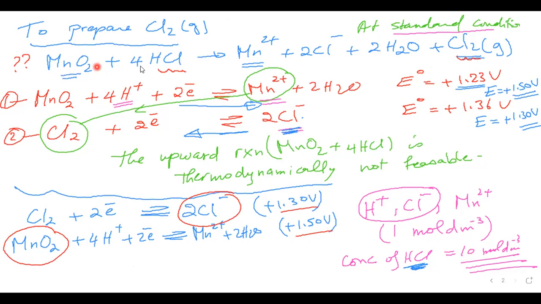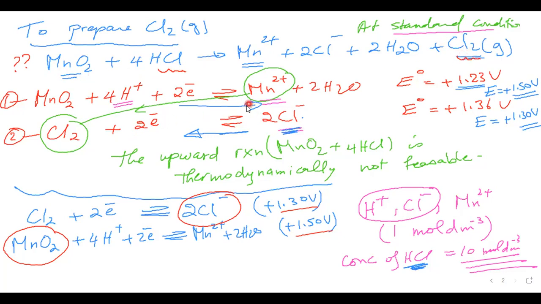So this reaction will take place: the MnO2 will react with the chloride ions, forming chlorine gas and Mn+2. And in this way, we will force the manganese 4 oxide to react with the HCl to give the chlorine gas in order to prepare it by this method.